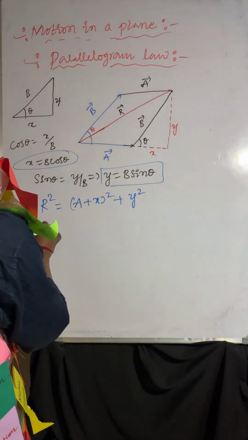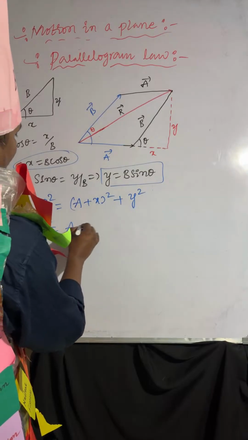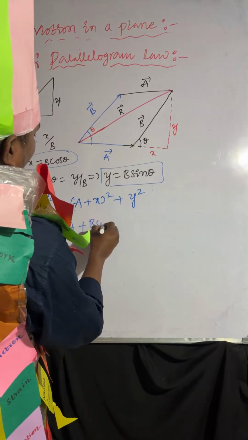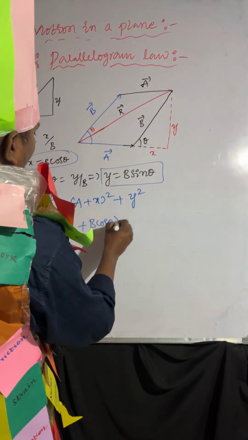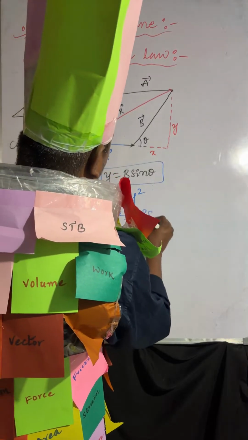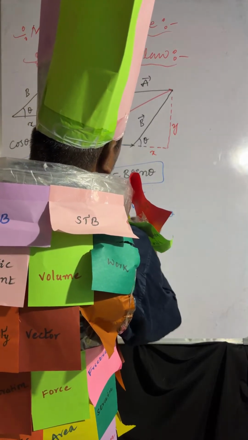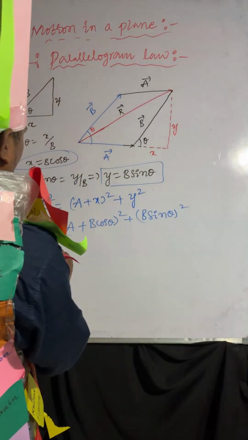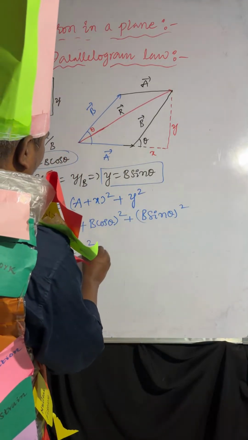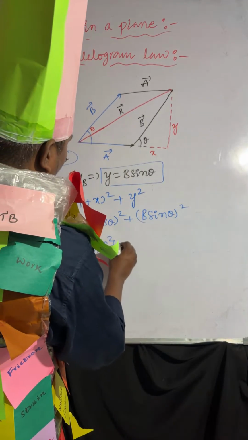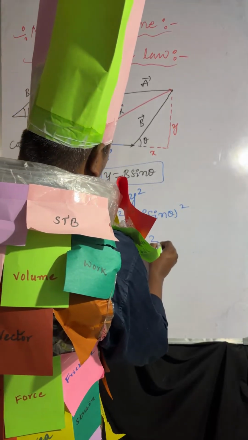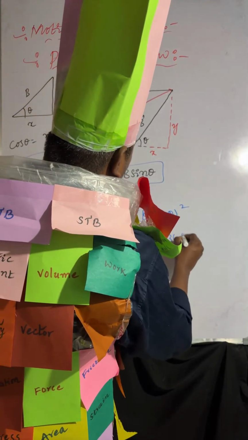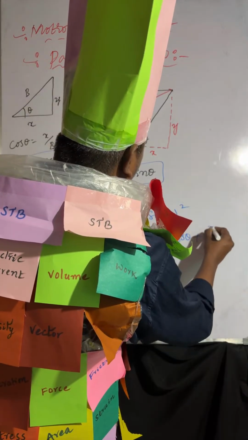Substituting, R square equals (A plus B cos theta) whole square plus (B sin theta) whole square. Then R square equals A square plus B square cos square theta plus 2AB cos theta plus B square sin square theta.